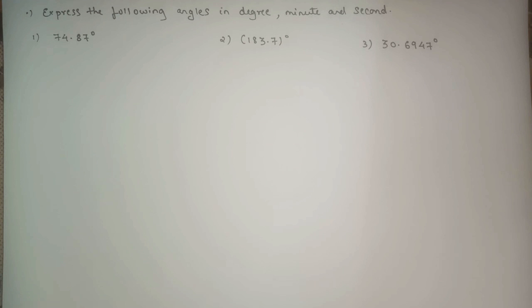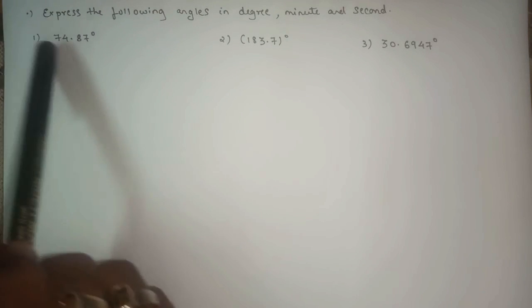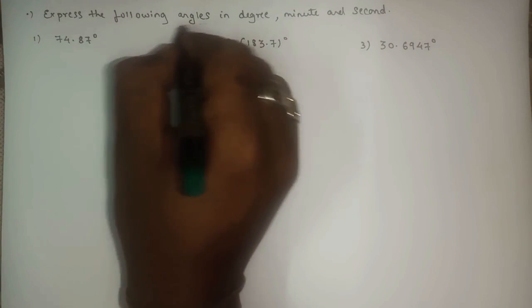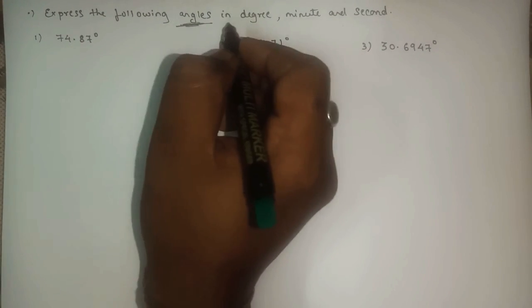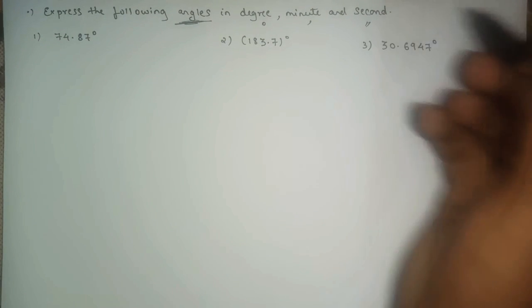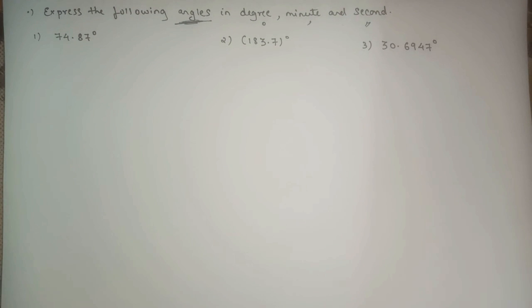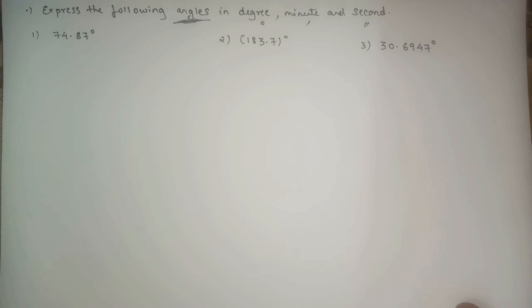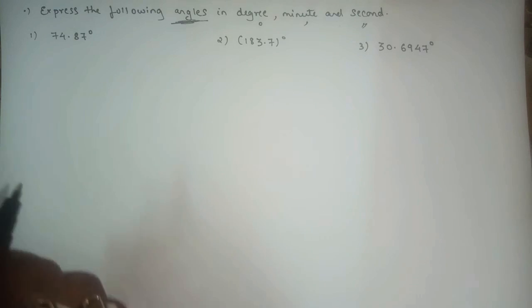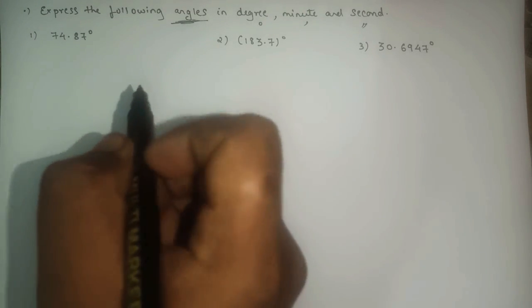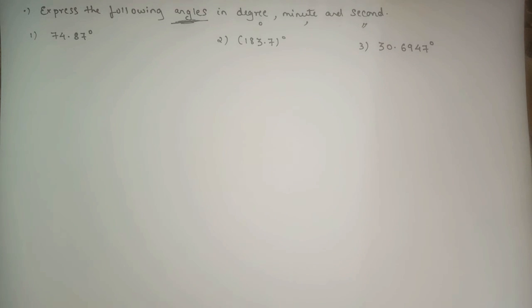That means now we have to convert this whole degree into 3 sections: degree, minute as well as second. So in the next video we're going to see how to express the following angle, that means how to convert this whole degree into degree, minute and second.